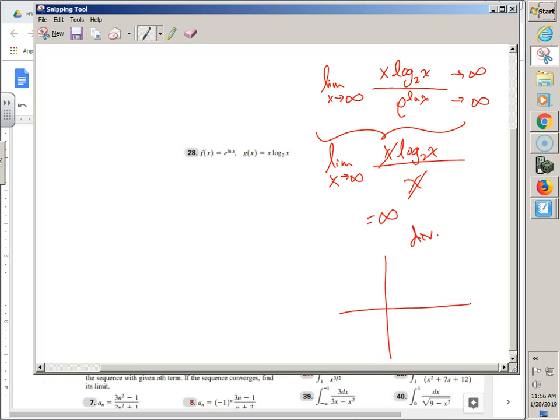It's going to be stretched, etc., but still ultimately I can say it's going to infinity. Oh, sorry, I didn't finish my conclusion. Infinity. So if you're doing tests, infinity means top wins.